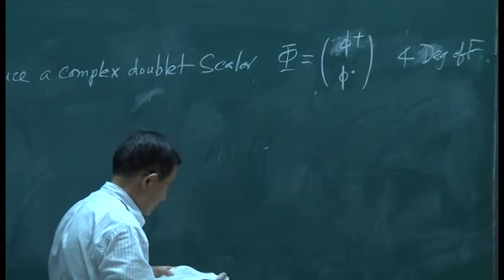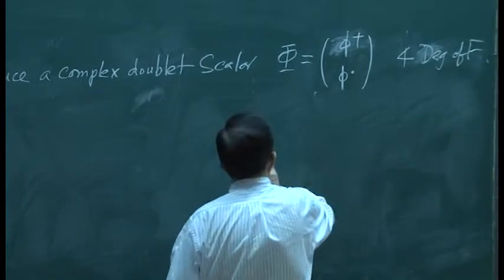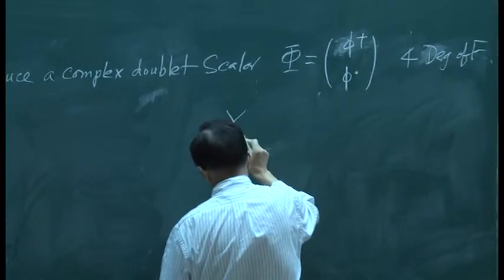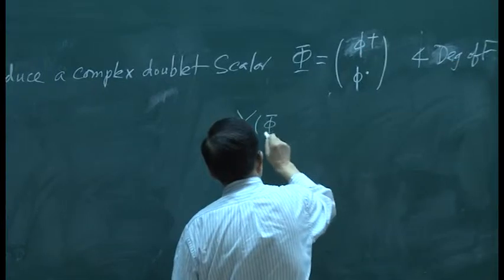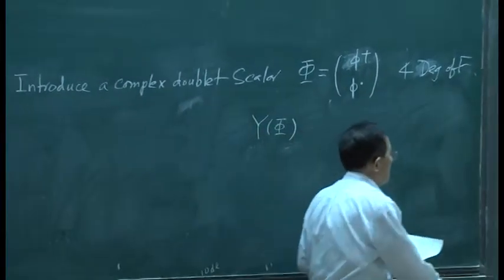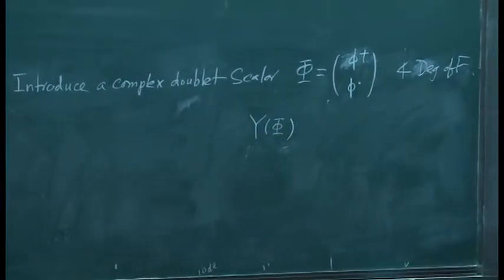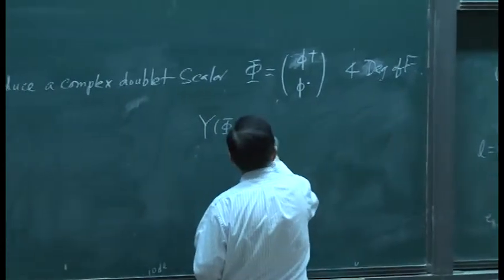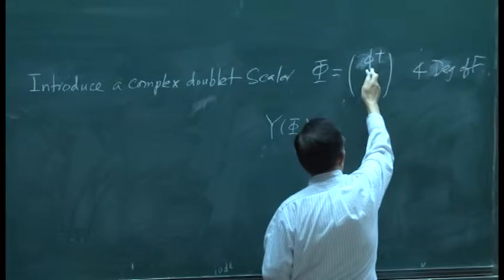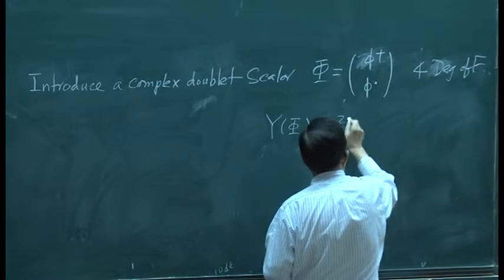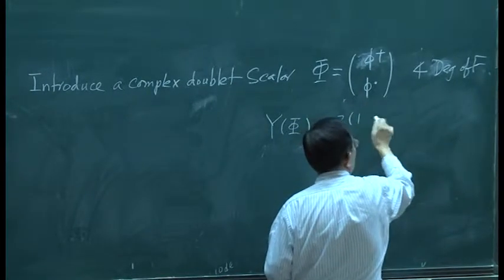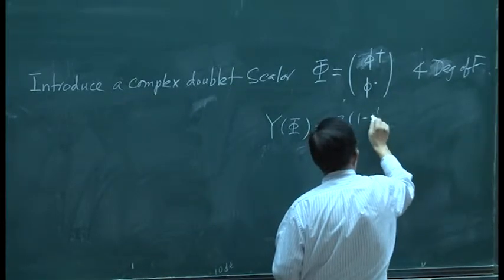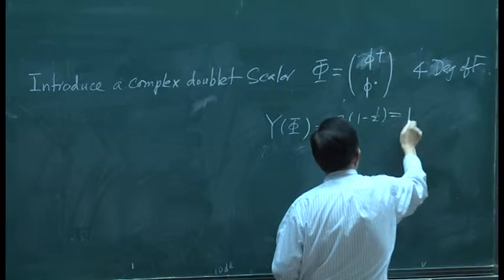And if we compare this with the weak hypercharges, then you'll find that for the upper component the charge is plus 1, T3 is 1/2, so Y is 2 times (Q minus T3), which equals 1.